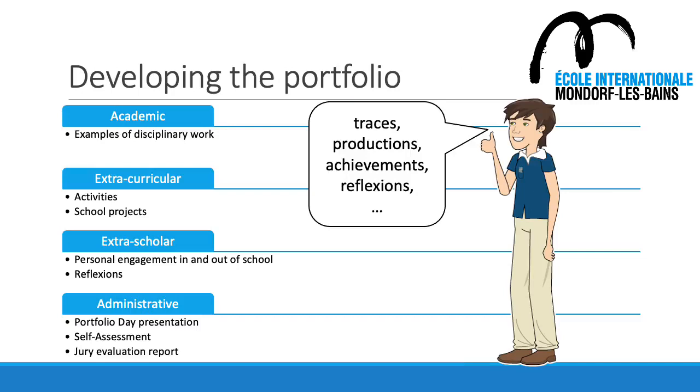As to the question, what may be added to the portfolio, everything is possible. Disciplinary products and achievements that illustrate work on a transversal competence, products and achievements from extracurricular activities and school projects followed by the learner, in as far as he considers them useful in documenting his learning, traces of the learner's commitment to the school and out-of-school community, helping at an open house event, leading a workshop, participating in school parliament, patronizing a new learner, helping in an association, and so on.